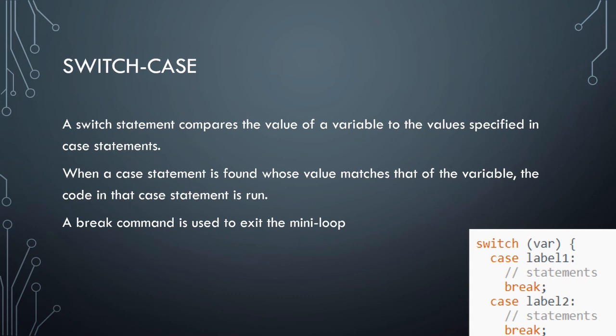When the case statement finds a value that the variable matches, then it executes that loop. So you're essentially building in several mini loops into your program based on what the variable is. And then after every mini loop, you use a little break command, and that gets you out of the switch case statement, and you can execute the rest of your void loop.